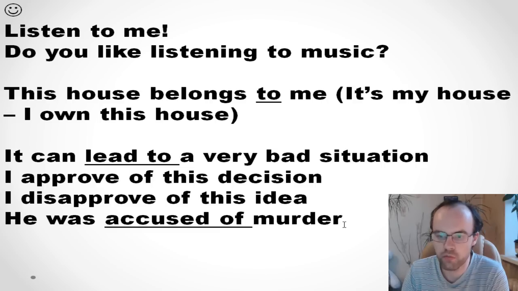Other people accused him, so said some very negative things connected with crime. Yeah, it's terrible. So it's a very negative verb. Criminals are often accused. So we accuse criminals, people who committed a crime. He was accused of murder.